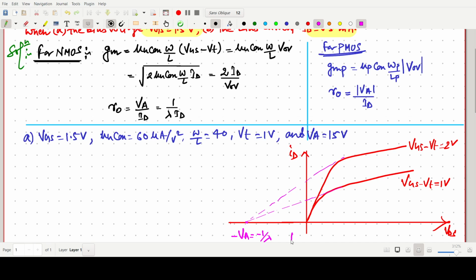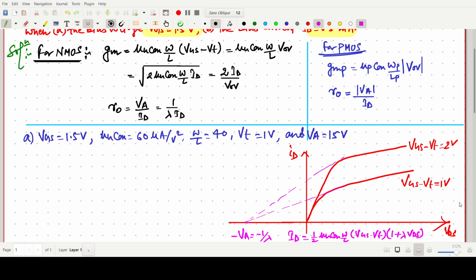Basically in this case, the channel length modulation means the ID value is given by the formula 1 by 2 μn Cox W by L (VGS minus VT) squared times (1 plus lambda VDS).